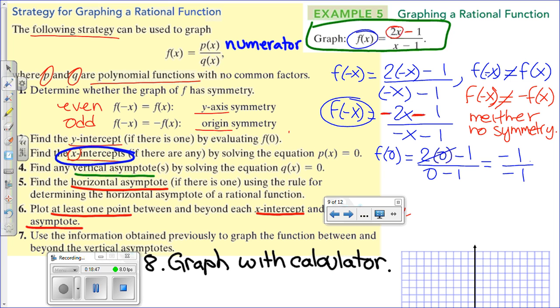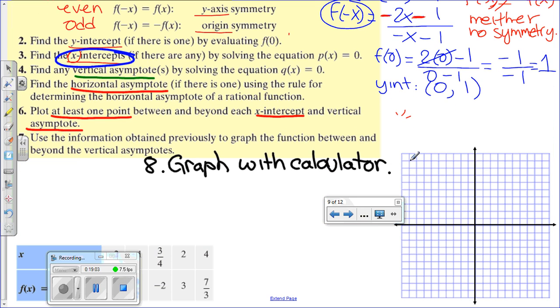And we know that a negative divided by a negative is positive, so this will be 1. So what this tells me is that the y-intercept is going to be the point 0, 1. So that is something important to consider. So let's go ahead and plot it. So 0, 1, it goes here.